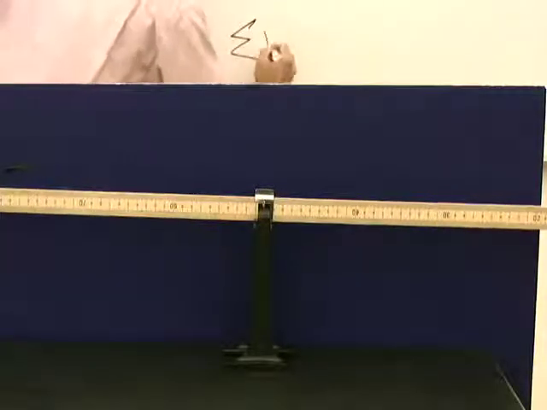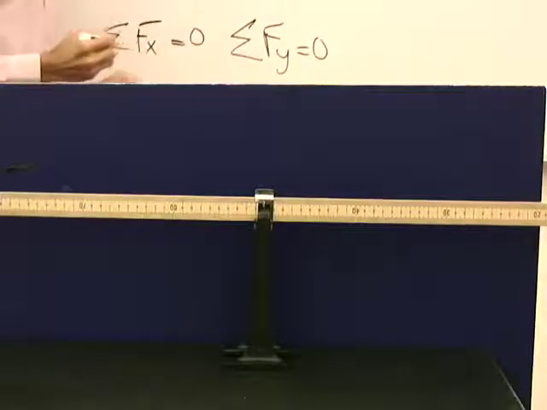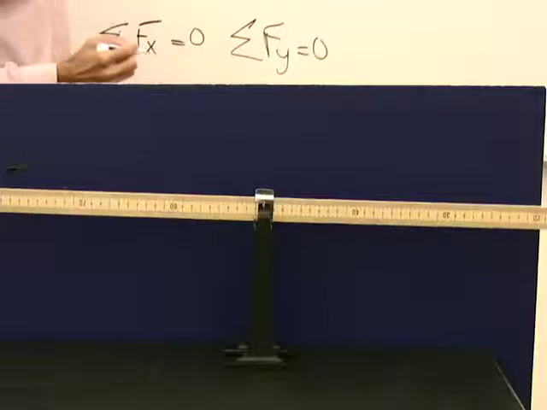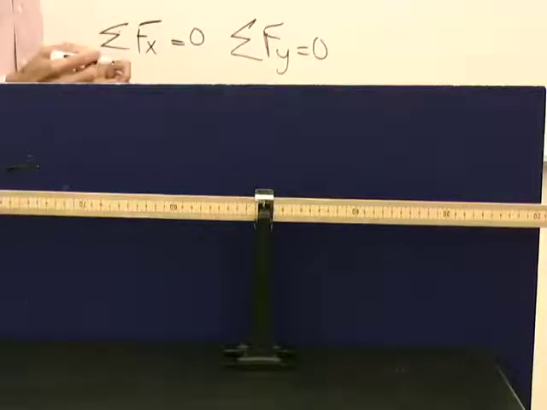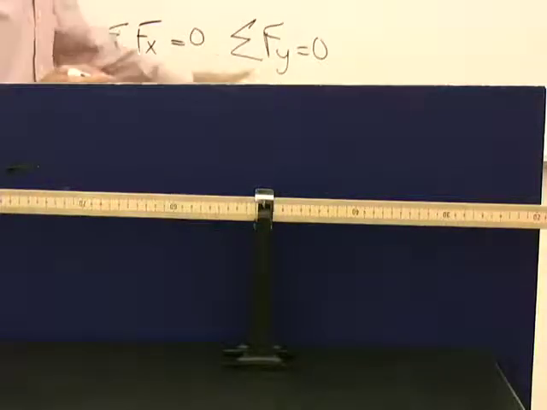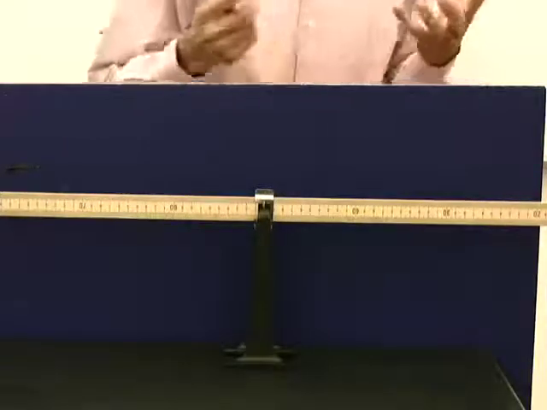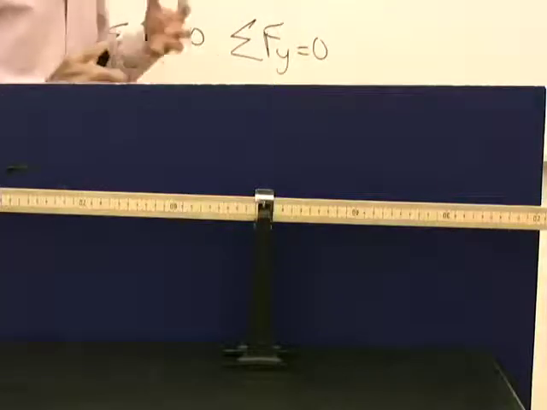Similarly, summation Fy equal to 0 will make sure that the object will not move in the y direction. Now we will not be considering motion in the z direction. That means summation Fx equal to 0 and summation Fy equal to 0 will establish the translational equilibrium.